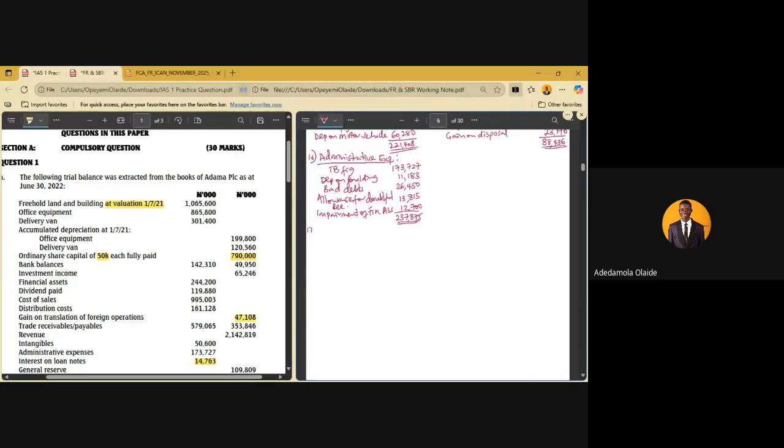Note 17, statement of movement in PPE for the year ended 30 June 2022.